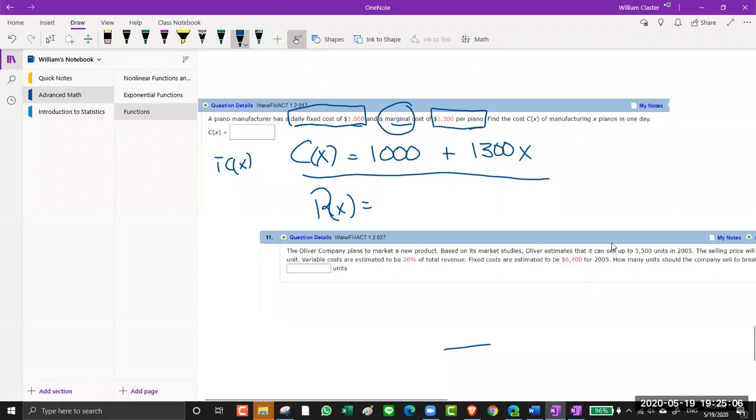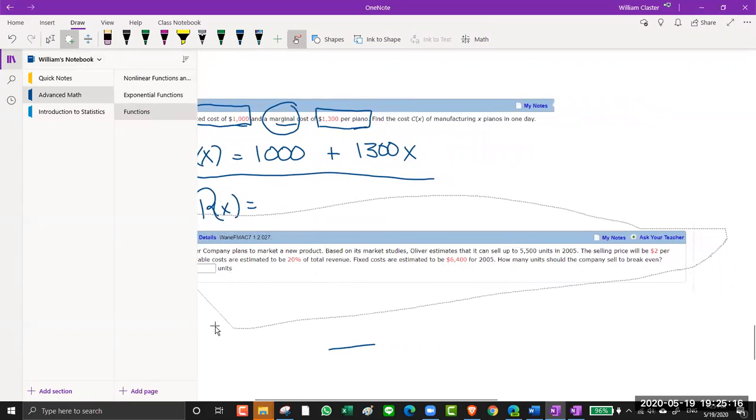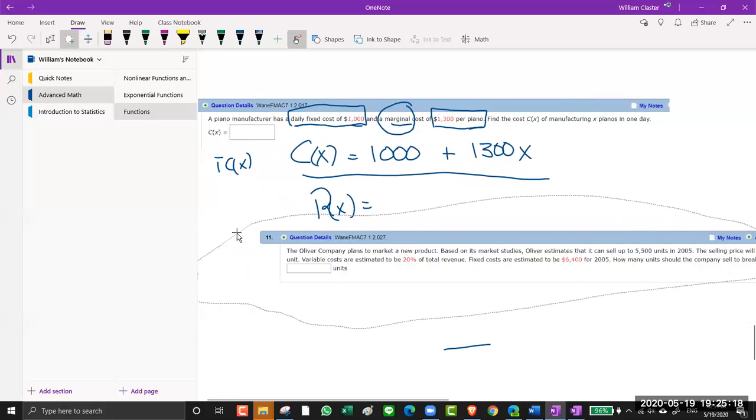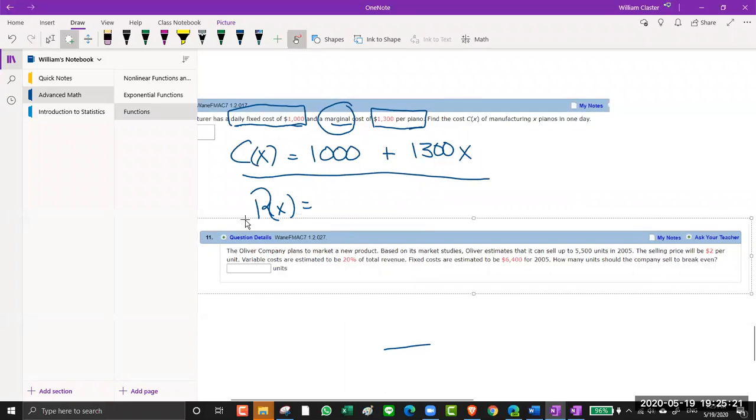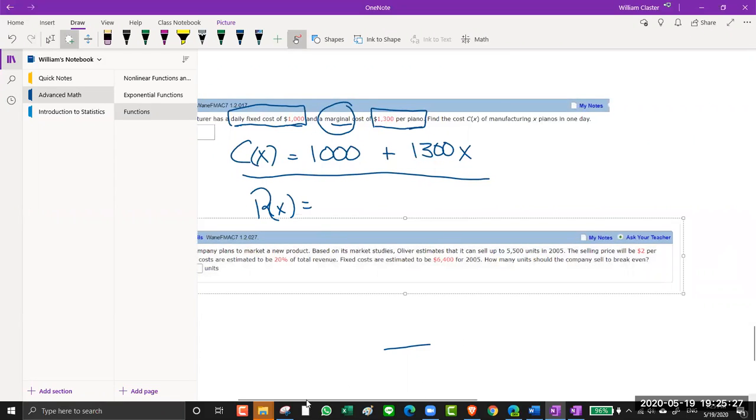I guess I have to move it by hand. Okay, let me do that, sorry.